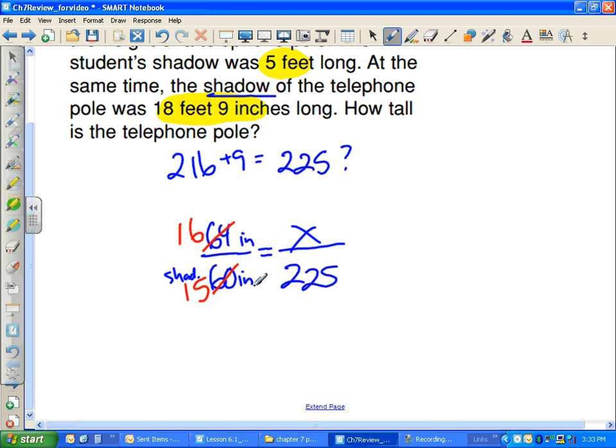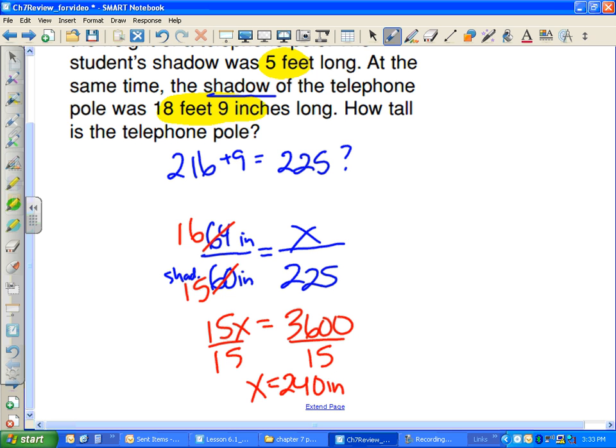These are a lot easier. What's 16 times 225? Well, that's a huge number, isn't it? And 15 times x. Divide by 15. Man, I may just let you use a calculator on this test. These are too long, huh? 240 inches. That's how tall this telephone pole is.